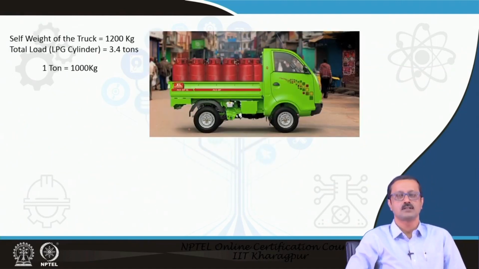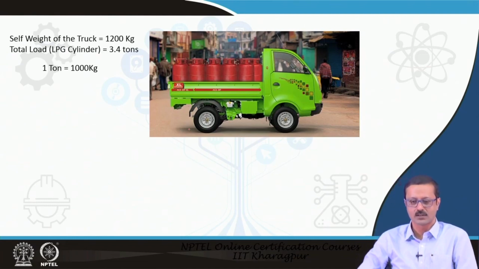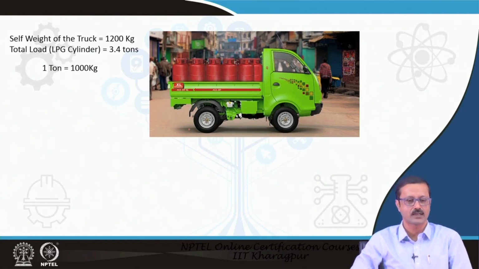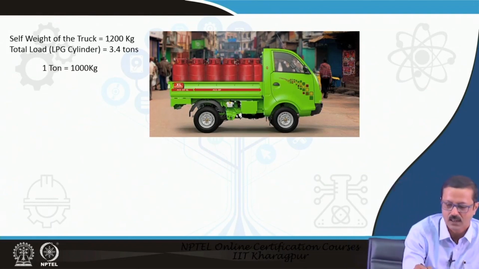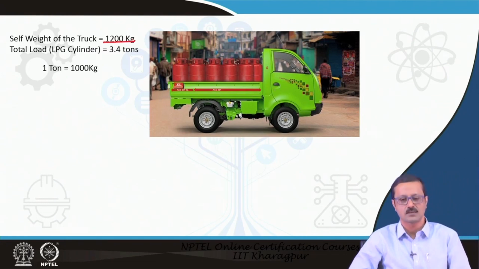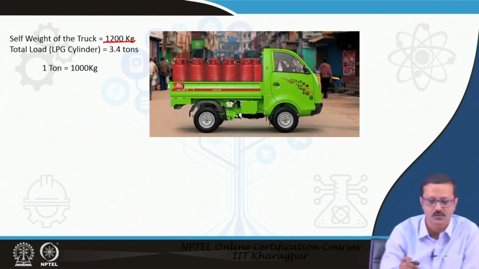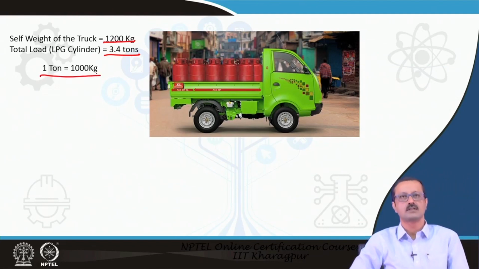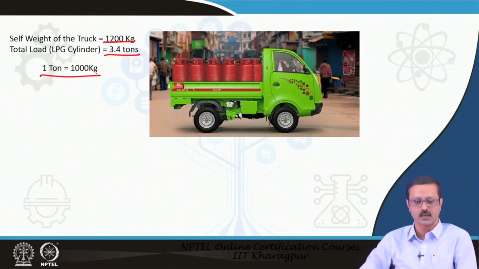Suppose this is a small, very mini truck which is loaded. What I have written over here is that the self weight of the truck is 1200 kg, and this truck is carrying some LPG cylinders with a total weight of almost 3.4 ton, where 1 ton is equal to 1000 kg, that is the British ton, not the American ton.